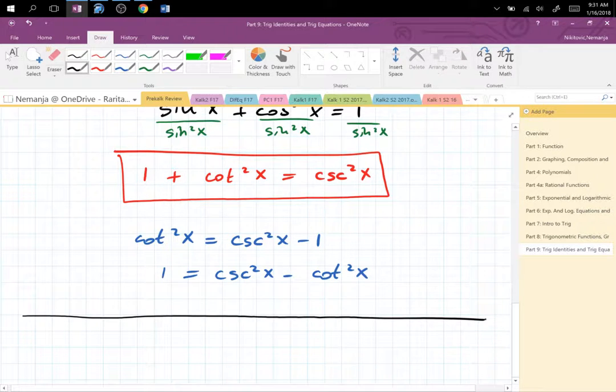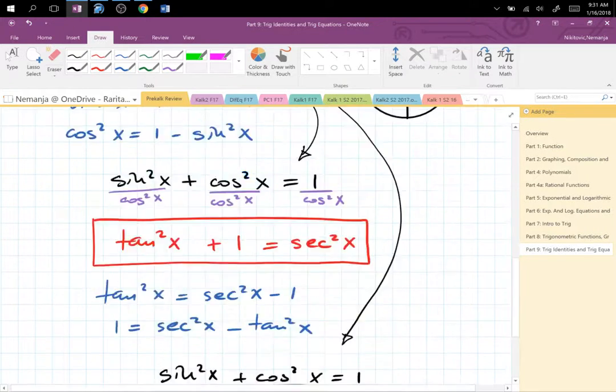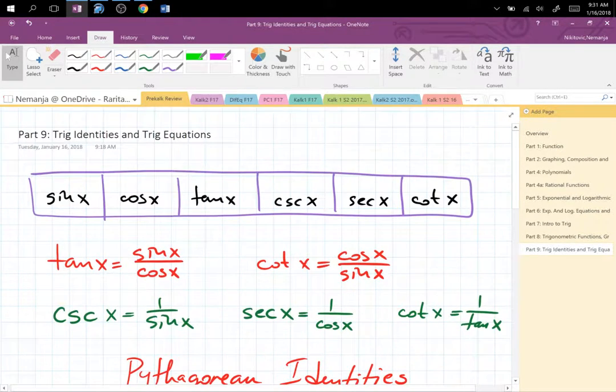Anyway, so these are the basic trig identities. We have 6 trigonometric functions, and we have the basic identities that, through division, relate the most basic fundamental functions.